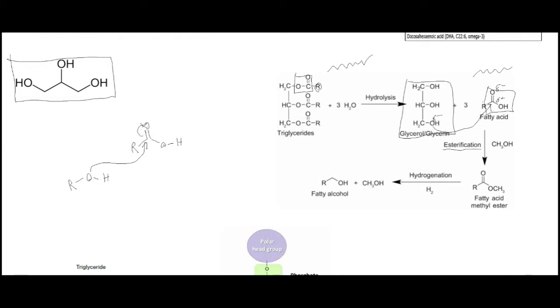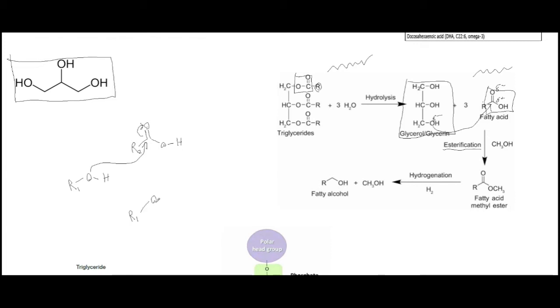It's going to shift those electrons up there. And so we end up with, we'll call this R1 and R2, just to show that they're from different molecules.